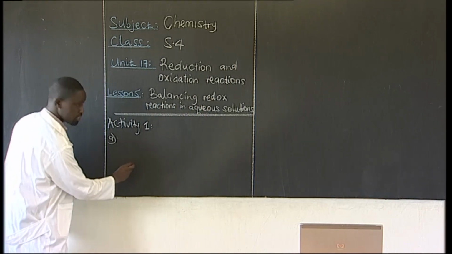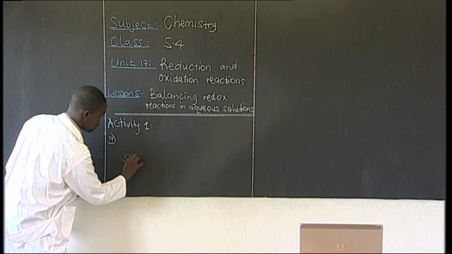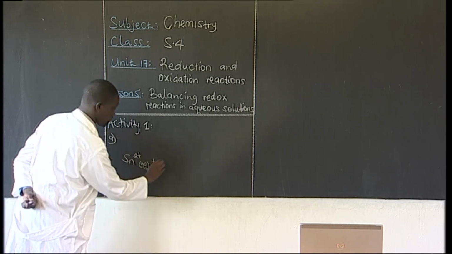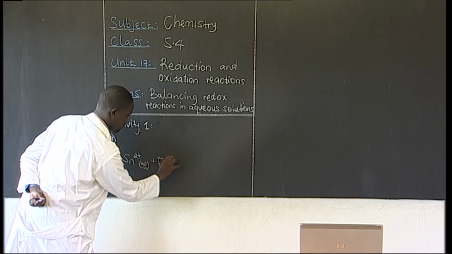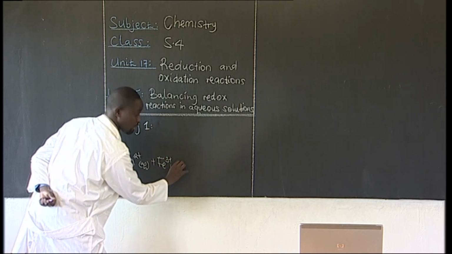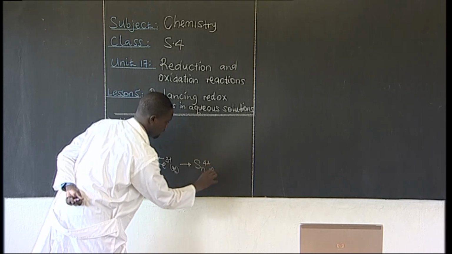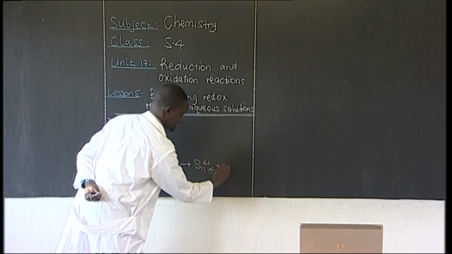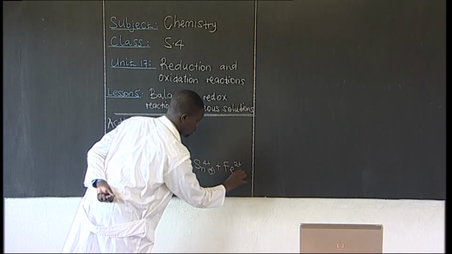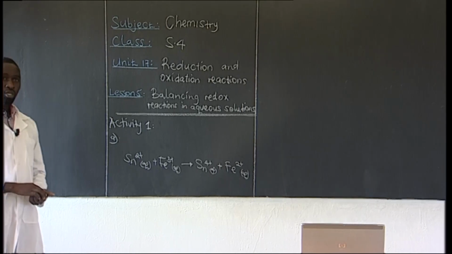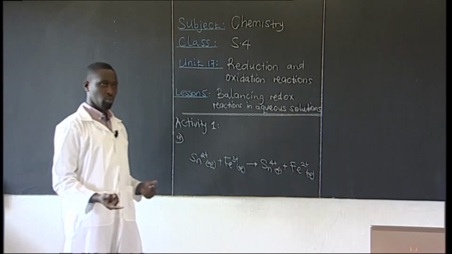Part A, which is tin 2 ions reacting with iron 3 to form tin 4 ions, plus iron 2. Now, this is our first number we are to deal with.